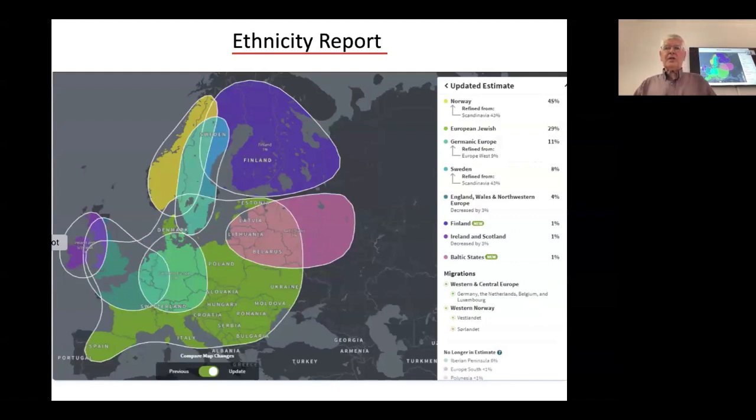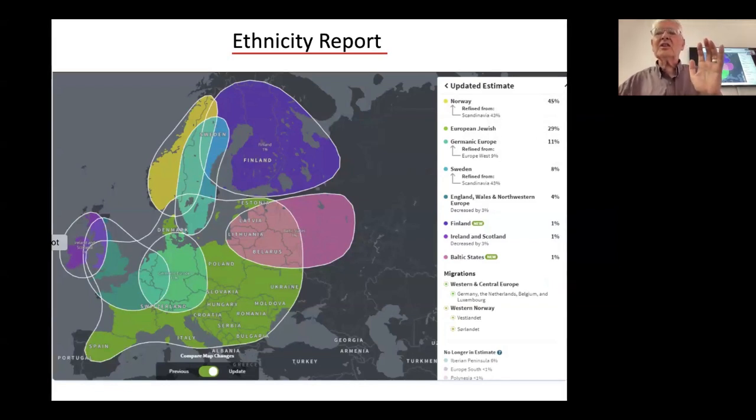A typical ancestry report, for example, in this particular person, says 43% of your DNA, let me say this right, because this is not simple. They're using an algorithm that's really complicated.